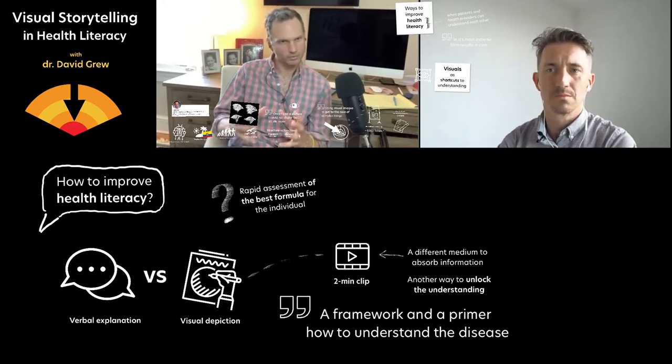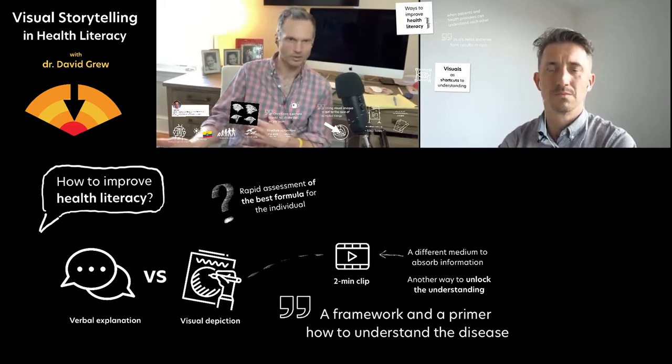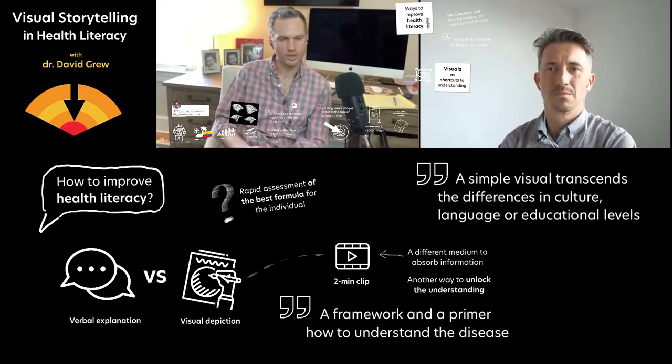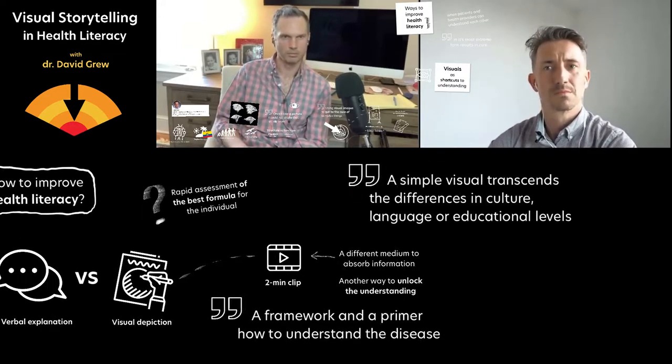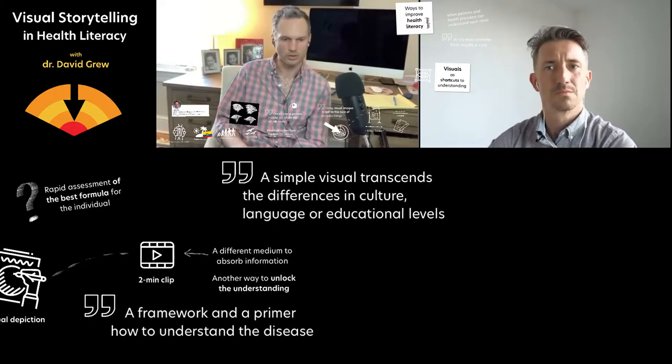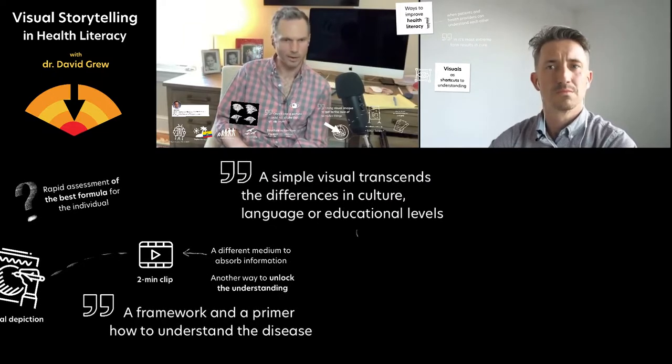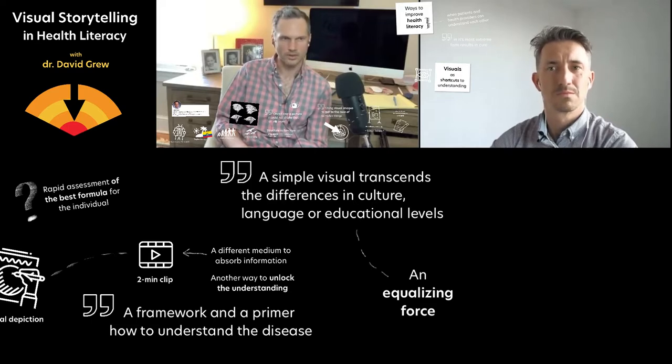But a simple visual aid is much more objective, and it really transcends cultures, language, education level, if it's simple and well done. And so I find that visual aids become kind of an equalizing force. It narrows the gap between educational, cultural, economic differences. And in that way, it's an incredibly powerful tool.